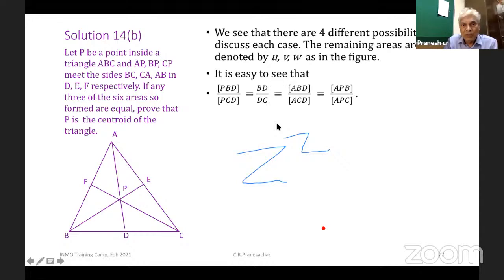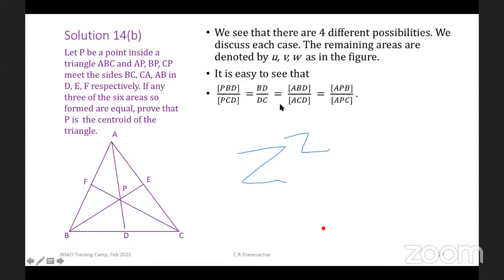Even before we go to part 2, let's make a general observation. If you have any median and any point P like this, area PBD by area PCD is BD by DC, because they are the areas standing on different bases but with the same height. And BD by DC is also equal to ABD by ACD.